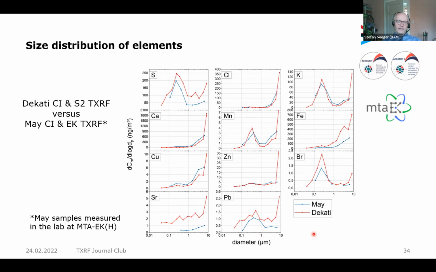So that is again a nice and encouraging result, that just the first shot and the first comparison of these impactors worked so well.